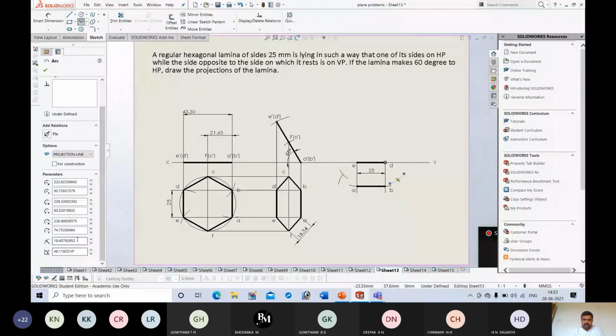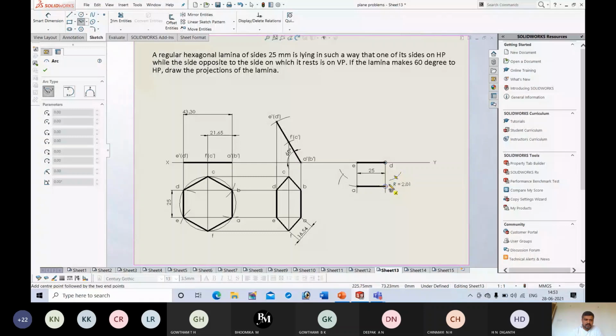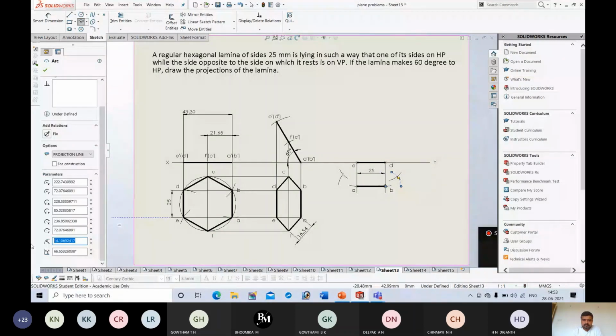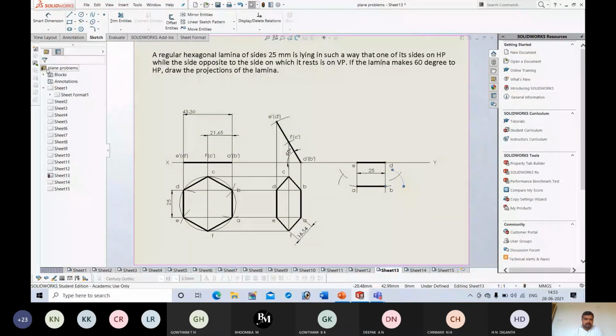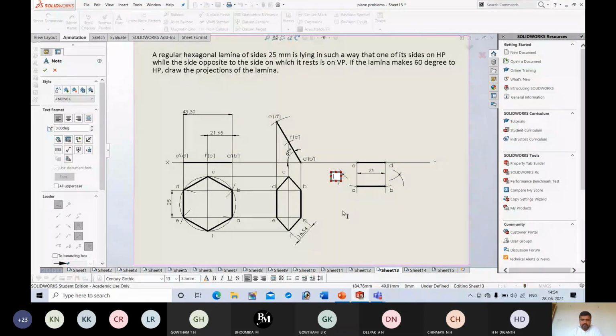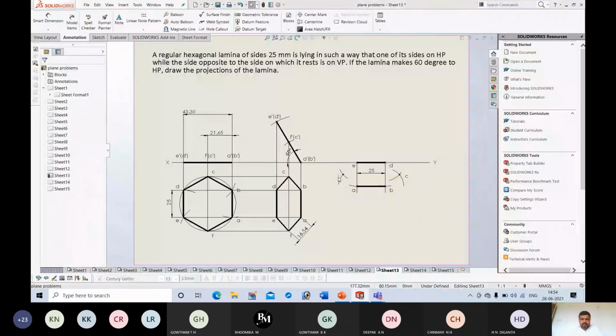Next, with B as center and radial distance 16.54, I will cut one more arc. So this is point F, and this is point C. Next, I will connect these points.